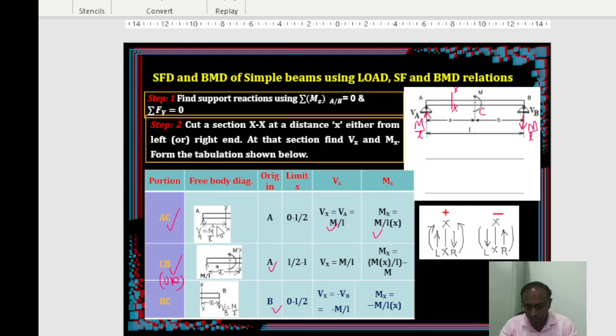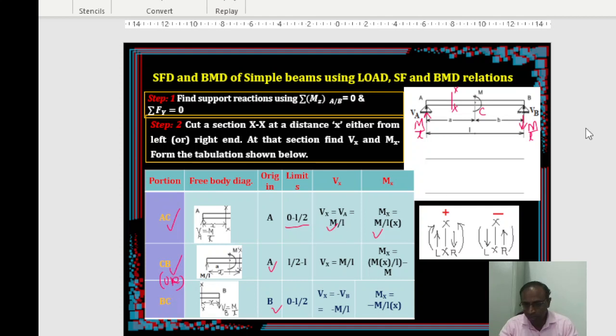You have taken the origin from the left side, right? So you have to focus up to here only. So no forces are there except Va. So that is going to be our shear force at this particular section X. So Vx is going to be Va, which is nothing but M by L. And Mx, you multiply the force with the perpendicular distance, that is M by L times X. So that is your Mx. Then this will be valid from 0 to L by 2, which means A to C.